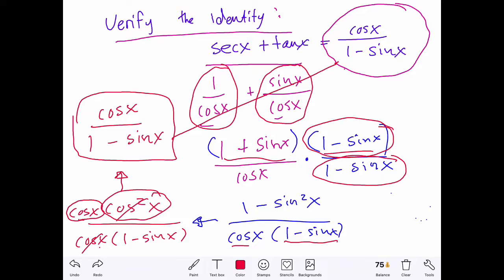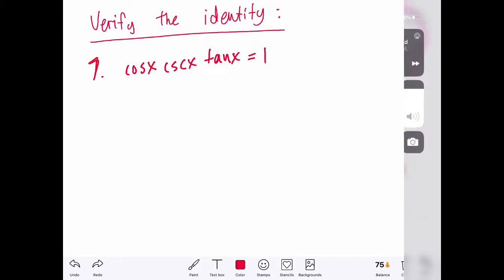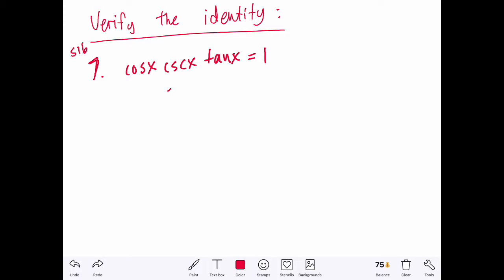And let's look at another one. Let's look at number 7 here on page 516. Cosine of x, cosecant of x, tangent of x equals 1. Okay, so let's see what we can do here. Well, maybe I leave cosine x as it is.